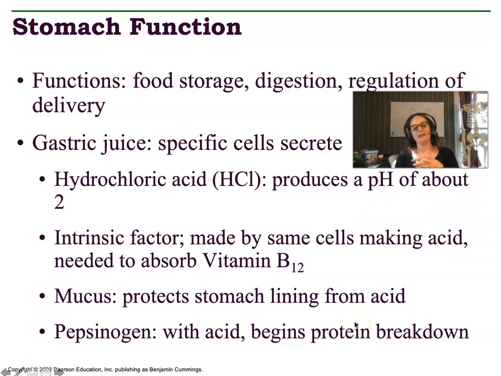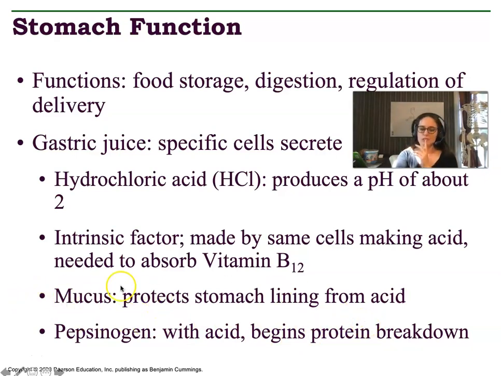Okay. So we have the start of chemical breakdown of especially proteins in the stomach. Remember, the salivary amylase started carbohydrates in the mouth, but pepsinogen, when it combines with hydrochloric acid, is going to help start break down proteins into smaller units.